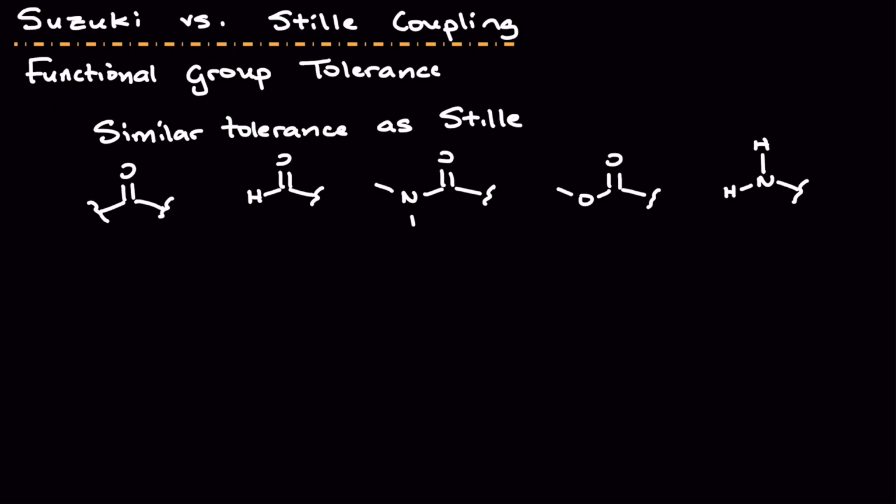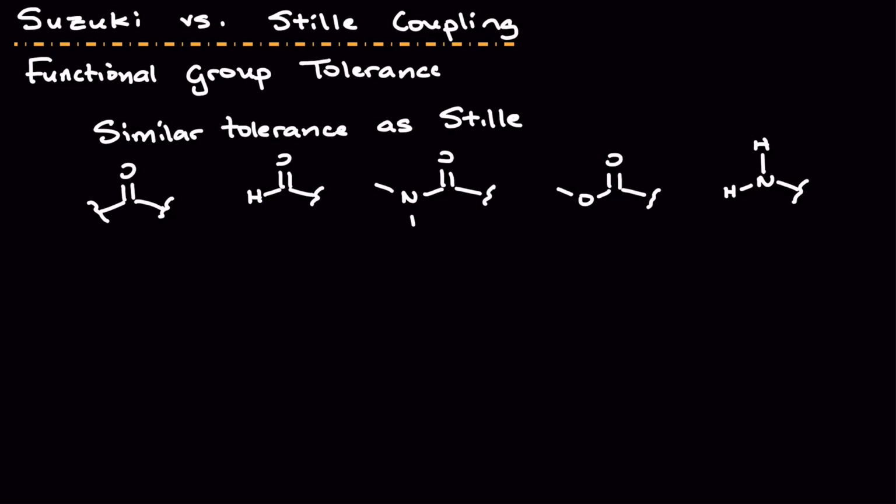Both Suzuki and Stille do have similar functional group tolerance. Your organoboron in your Suzuki and your organostannane in your Stille, these groups are going to want to couple with your organohalides, right? So that's known.